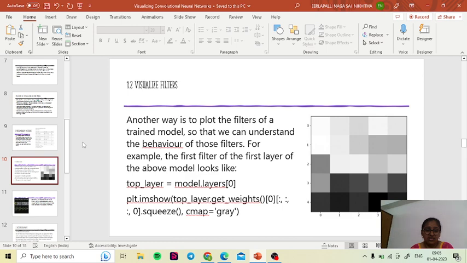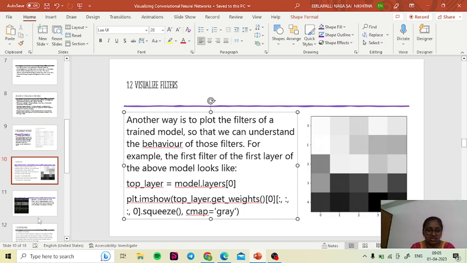The other subsection is visualize filters. Another way is to plot the filters of a trained model so that we can understand the behavior of those filters. For example, the first layer of the above model looks like this, and the syntax for visualizing the filters of the top layer of our model is top_layer = model.layers[0], and we can plot that using these two lines.